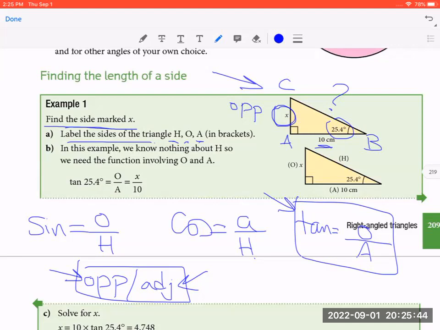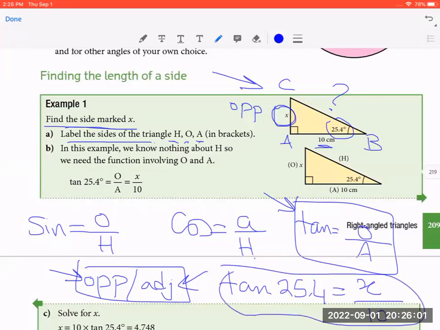Okay, so now I'm going to write tan, and the angle, which is 25.4, is equal to opposite, which is x, over adjacent, which is 10. Can you find the value of x now? Just put this over 1 and cross multiply. So what is the value of x, Malak?